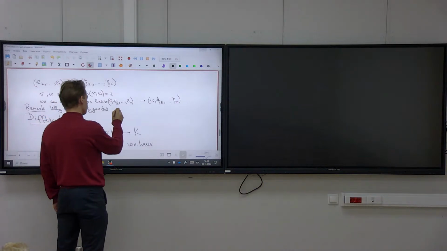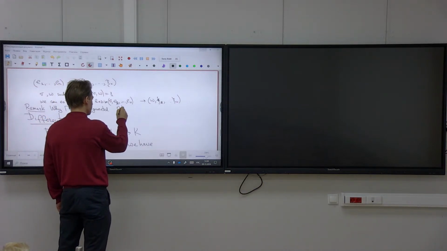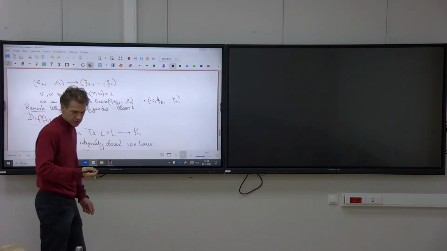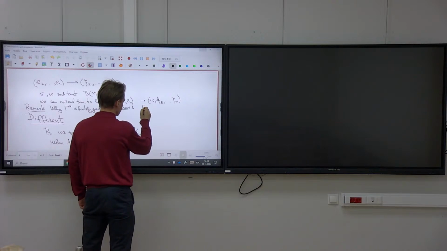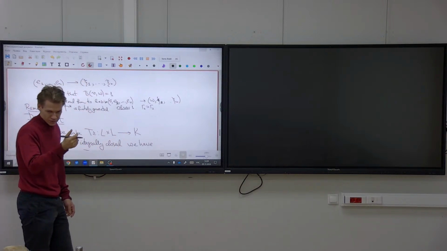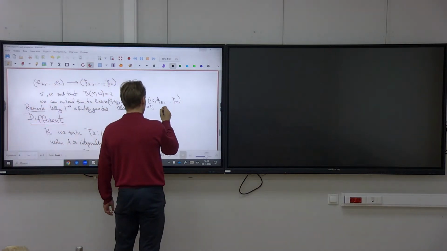Observation one: if you have two lattices, gamma 1 and gamma 2, the duality reverses the inclusion.